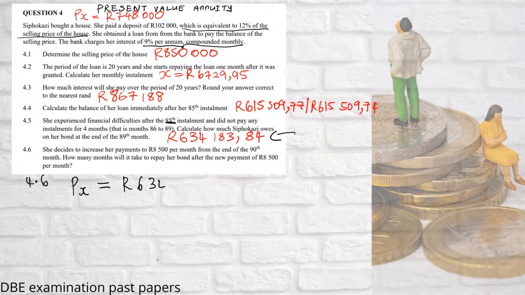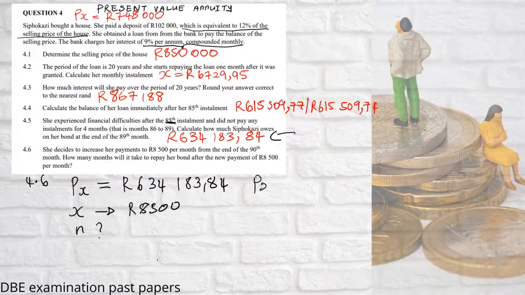It's 634,183.84. So that's the loan. Now X has been increased to 8,500. So how many months will it take? We can calculate the number of payments.